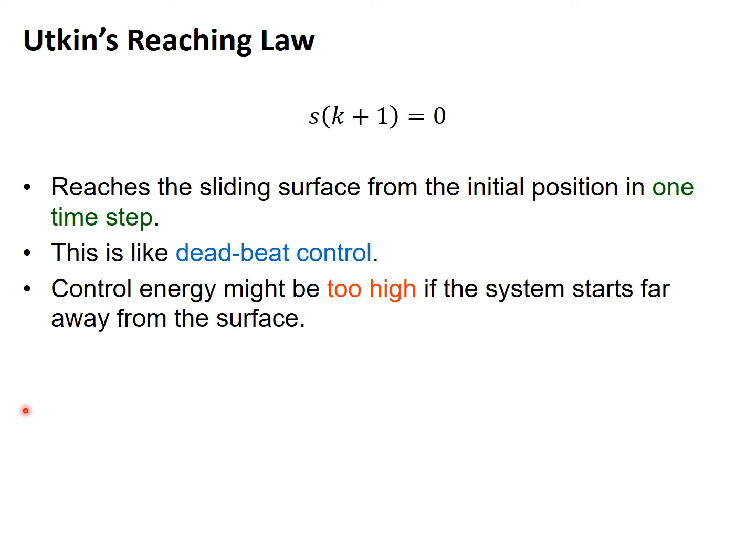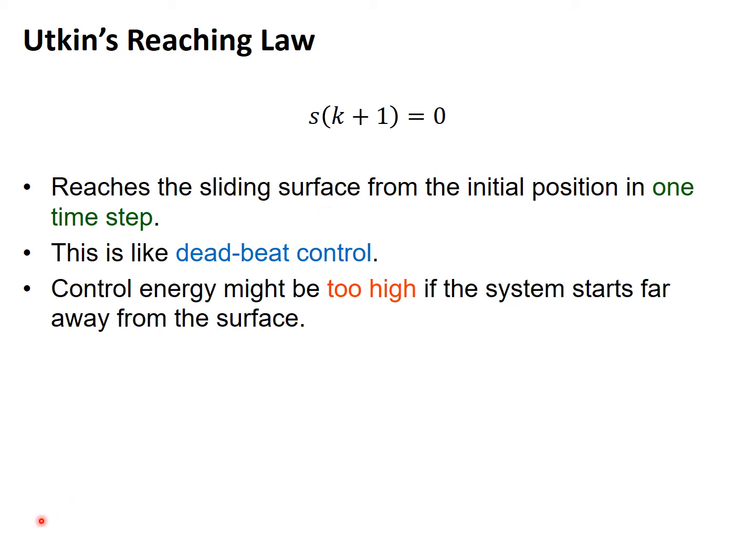That is one problem, but that problem can also be tackled by certain different formulations of the same Utkin's reaching law. And another reaching law is also following this, which also has a moderate control action, control energy that would be utilized. Now these classes of reaching laws are called non-switching reaching laws, which do not have a switching signal in the right hand side.